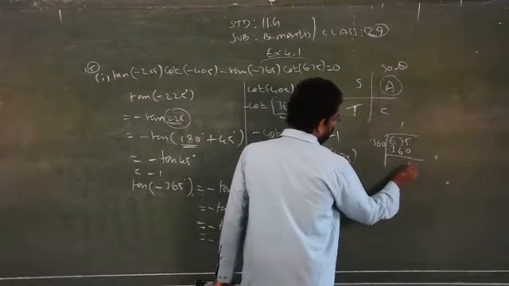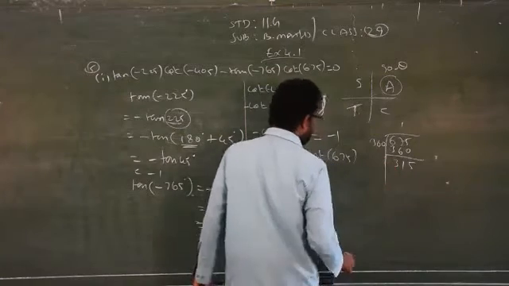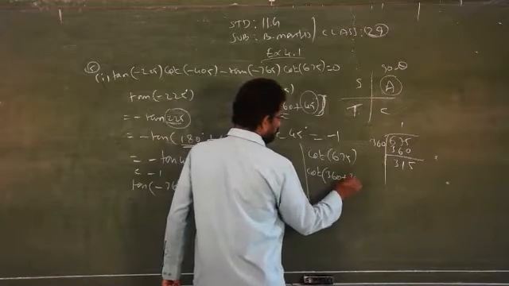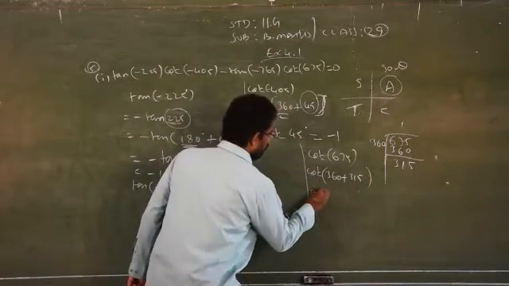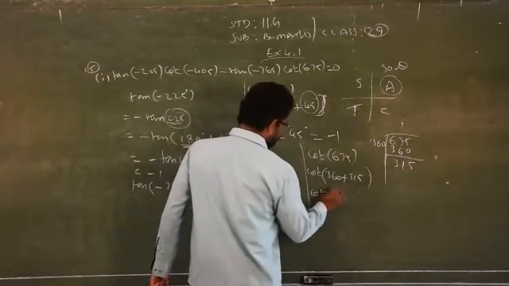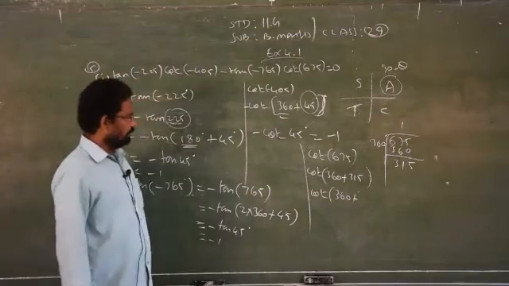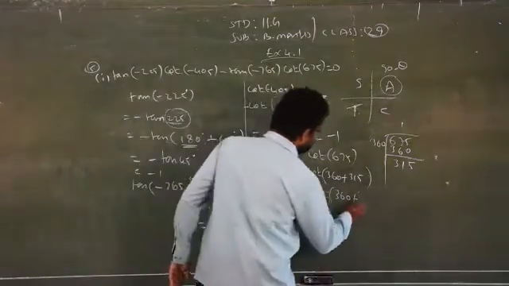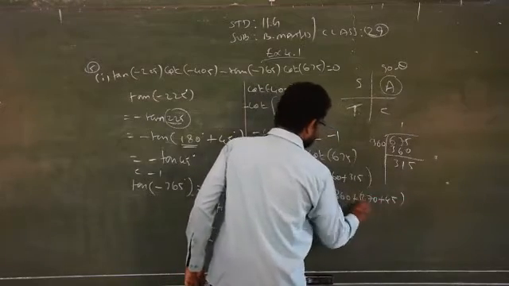So you express this as 360 plus 315, cot. 360 plus 315, but 315 is about 270, isn't it? You can write 270.